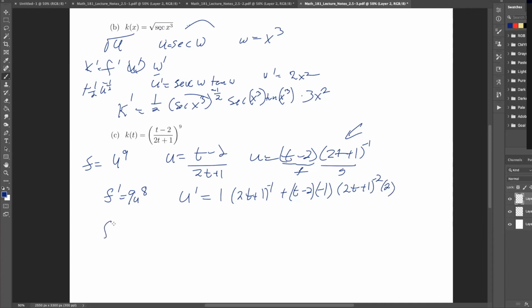And so here we'll have the final answer of k prime. k prime equals 9 times t minus 2 over 2t plus 1, all to the 8th, multiplied by, let's just write this the way we've written it, 2t plus 1 minus 2 times t minus 2, all over 2t plus 1 squared.